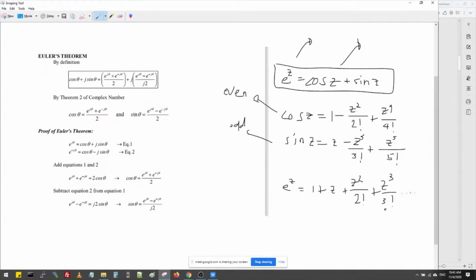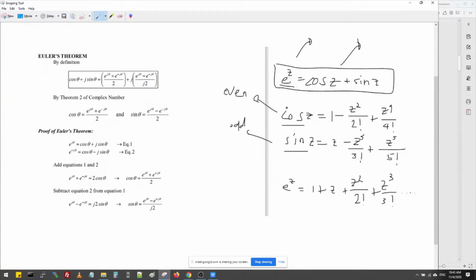The convergent sums can be taken as the definition, as extensions of the functions to the complex plane. That is why it is called an analytic function. This e, this cosine, and this sine are all related.